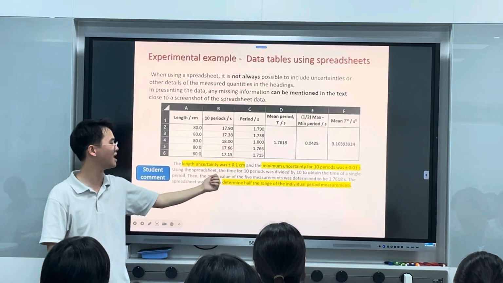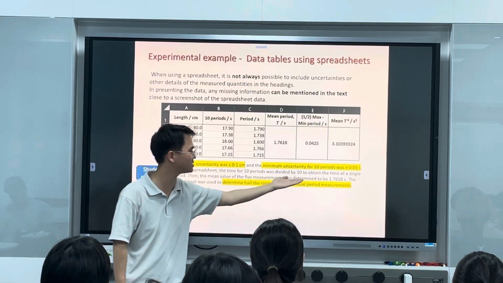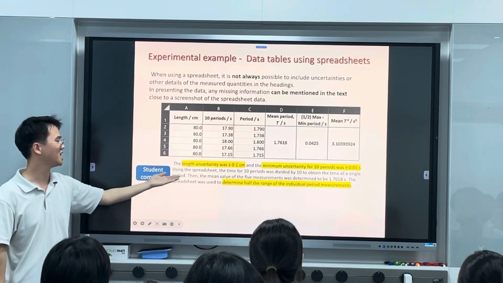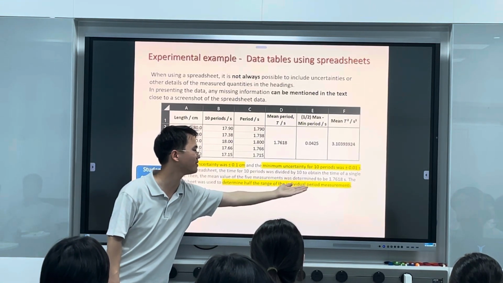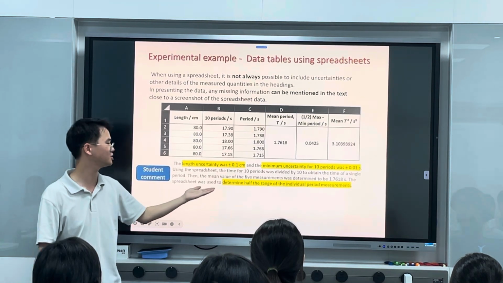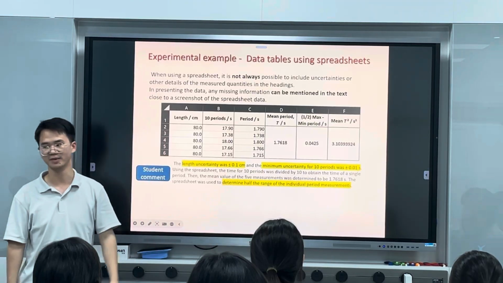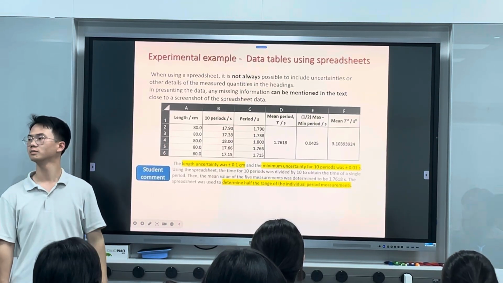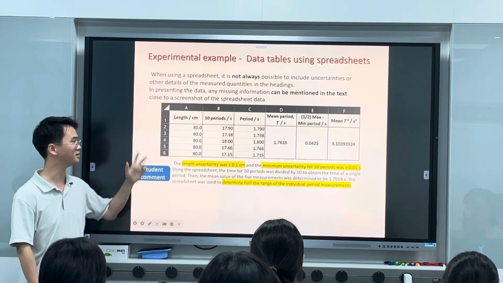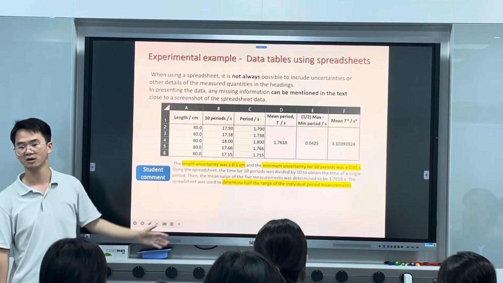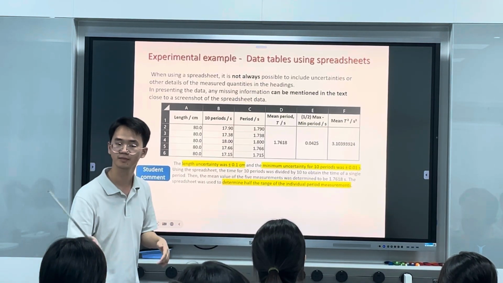Using the spreadsheet, the time for 10 periods was divided by 10 to find the single period. And then the mean value of the 5 measurements was determined to be 1.7618. And the spreadsheet was used to determine half of the range of the individual period measurements. Do I make my requirements clear? This is also IB's requirement, from the IB's official documents. So be careful. Any questions? No, okay.